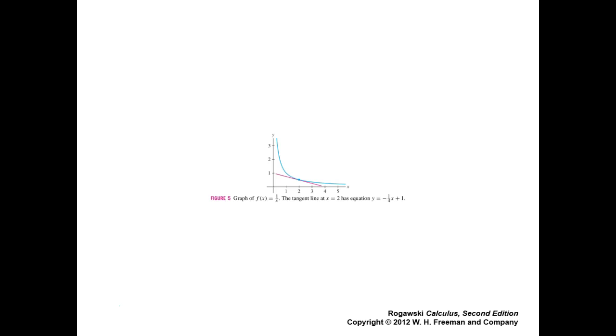And the tangent line at x equal 2. Now they've already shown that too. We need to calculate what it is. So they sketched the graph for us. Thank you very much. We need to do the tangent line. So if your f of x is equal to 1 over x, what is your tangent line?